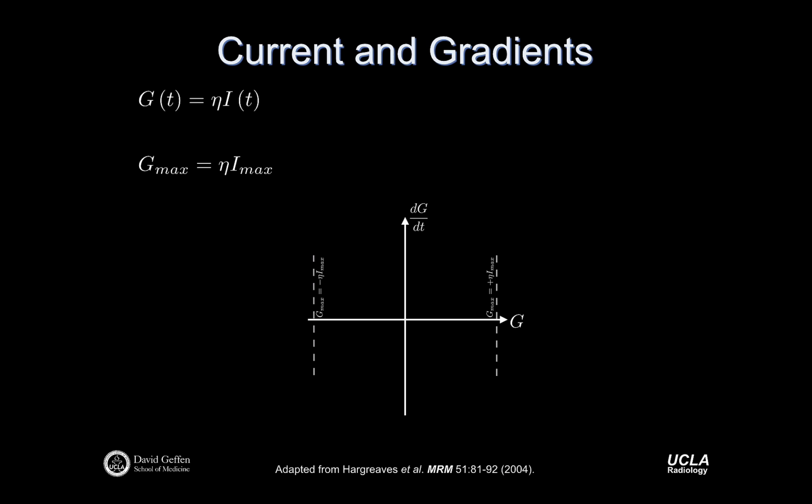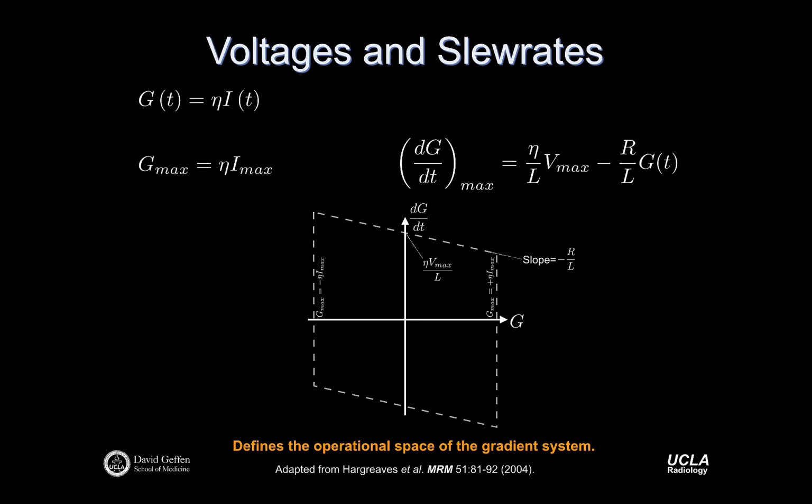The dashed lines right now just tell you where the Gmax lies, kind of arbitrarily. The maximum gradient strength you can generate depends on eta and the maximum current your system is capable of generating. On the other axis, and it's maybe not super obvious, there's a slope to this slew rate function that came out on the previous slide.